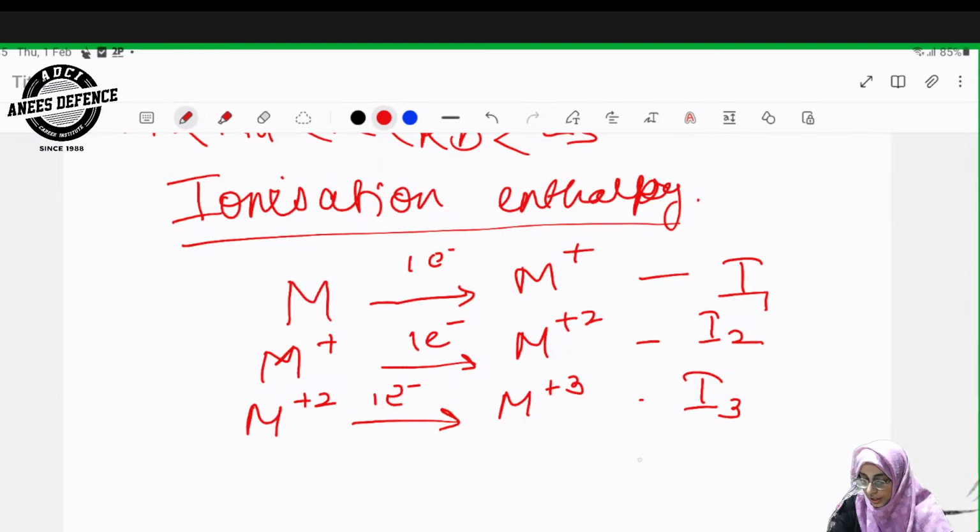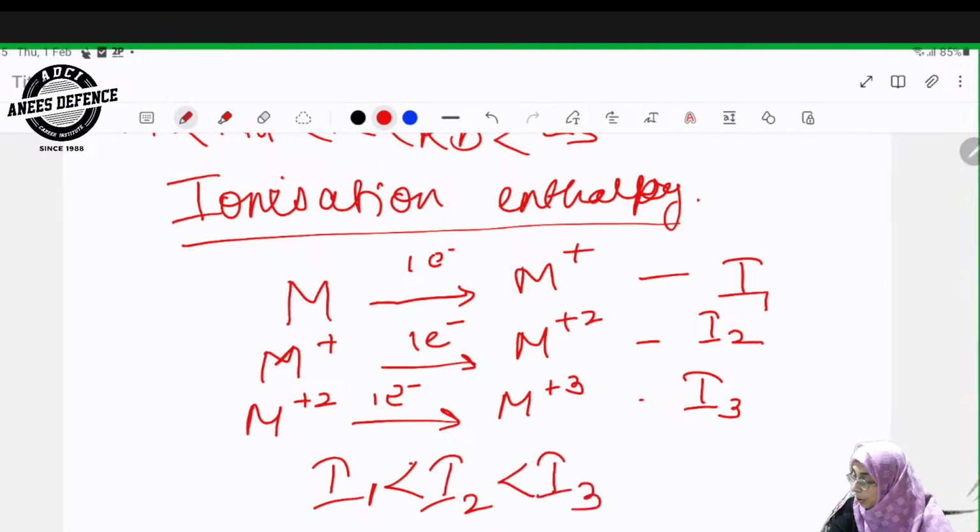We will arrange them in increasing order. Obviously, removing an electron from M plus 2 requires more energy, since we need more energy to remove an electron from an already cationic species. Then M plus, and M means the least energy is required to remove an electron from that atom.